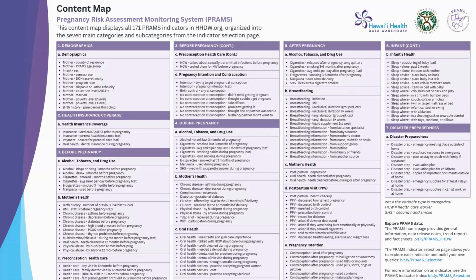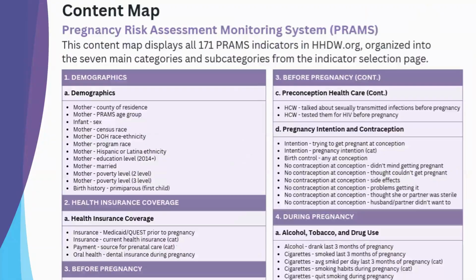Here's a peek at what the PRAMS content map looks like. Here you can see all 171 PRAMS indicators organized into the same categories and subcategories as you'll see in hhdw.org. It maps out the location of each available indicator, so you can see all that we have to offer in one place. Obviously, it's a lot of information and you may have to do some zooming in.